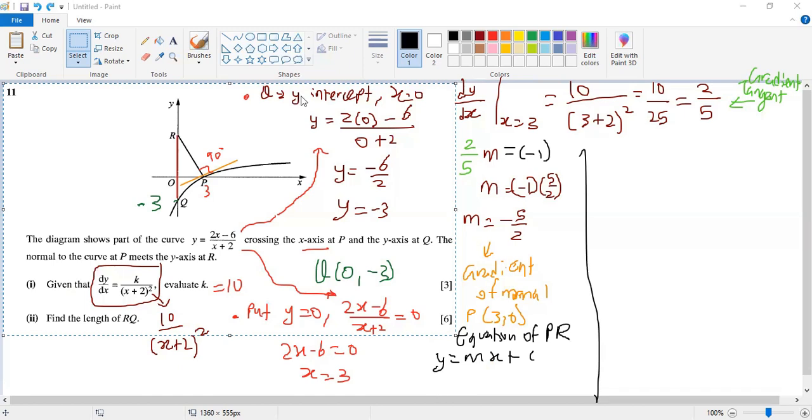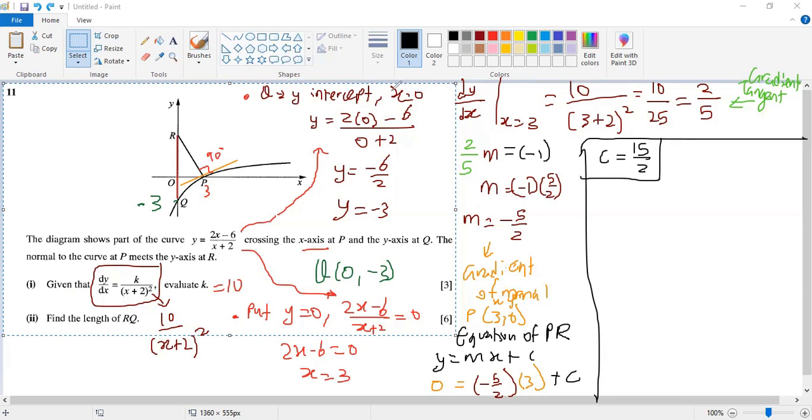We substitute the coordinate of P as x and y to find c. So 0 equals -5 over 2 times 3, plus c. Solving that, c equals 15 over 2. So this is the value of c.